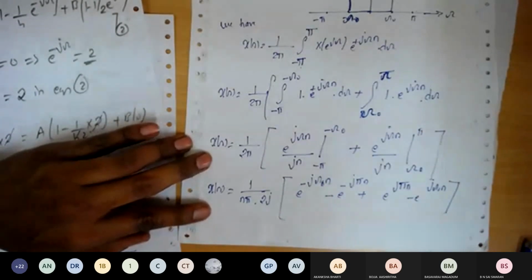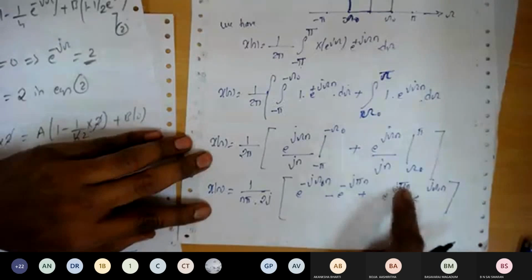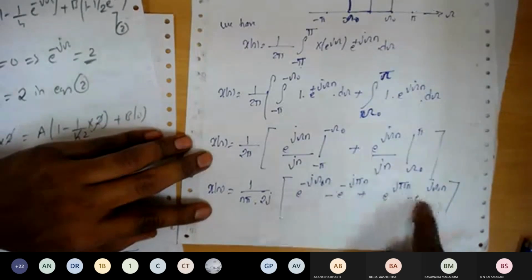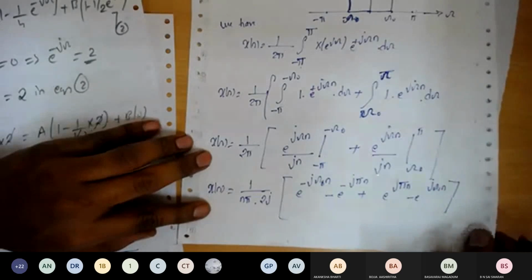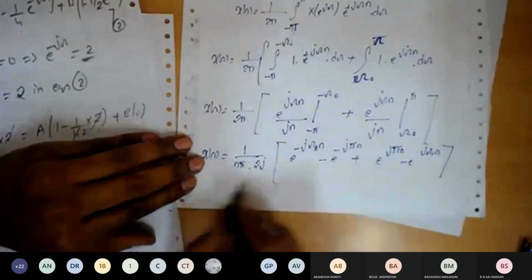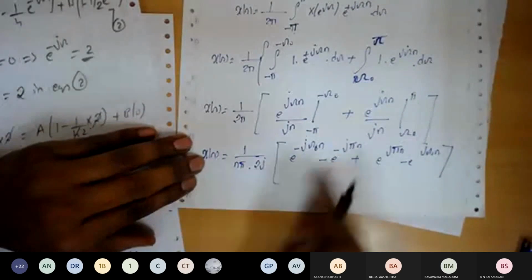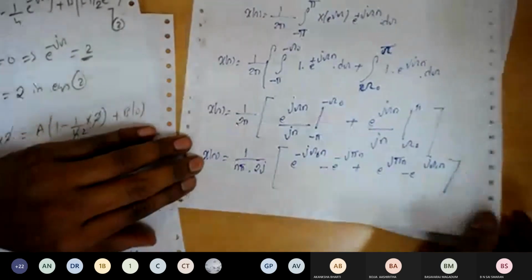So right. Now we can take e to the power of j pi n. We can group this as one sine term here, and this one we can group as another sine term. So 2j is there; we can multiply 2j for these two terms here. I'll write on the next page.